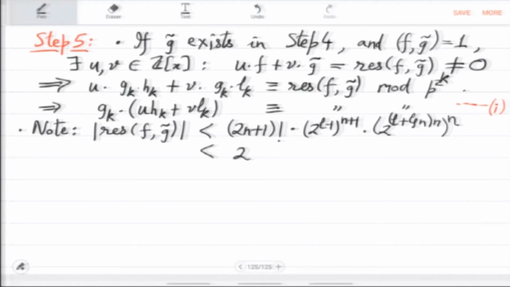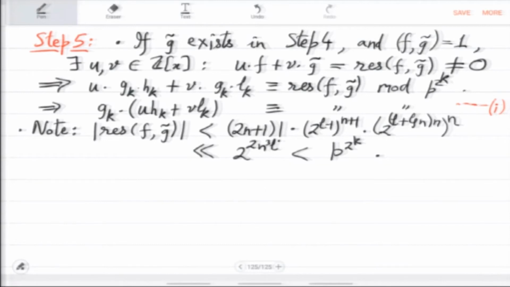So let me say this is smaller than 2 raised to 2n cube L, which is smaller than p raised to 2 raised to k. Right, this is why we pick 2 raised to k, or k, to be large enough. So this prime power is actually much larger than the resultant. So there is no scope of a non-zero resultant becoming 0, right.